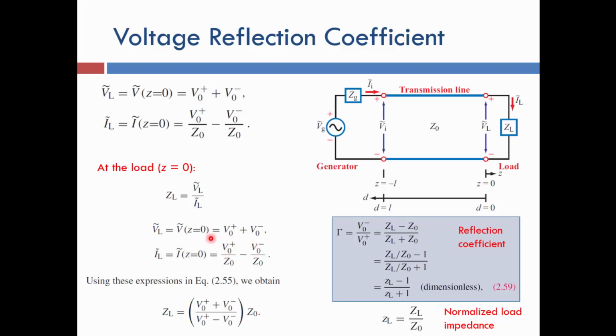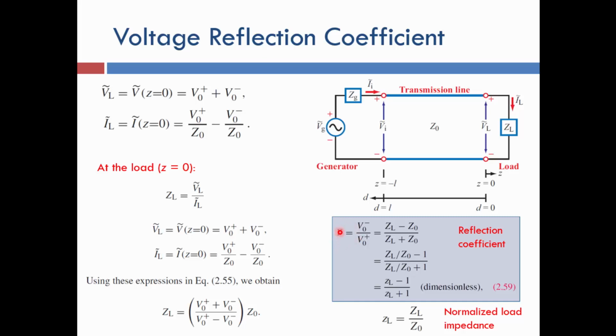So from the definition of the Z load, we could derive a relation between Z load and Z node, and then we could use this relation to derive the value of the voltage reflection coefficient.